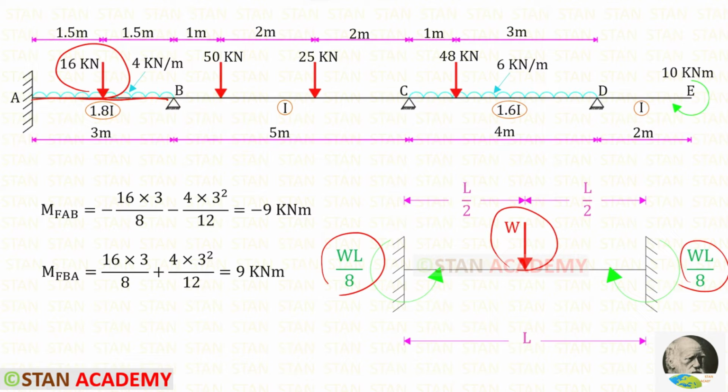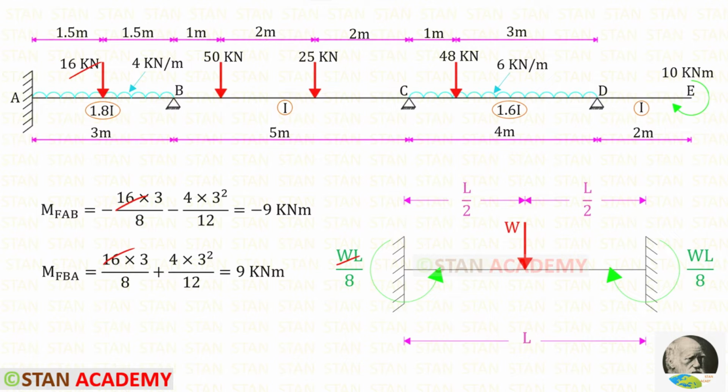On the left side, the fixed end moment will be acting in the anti-clockwise direction so that it will be negative. And on the right side, it will be acting in the clockwise direction so that it will be positive. Here W is 16 and L is 3.